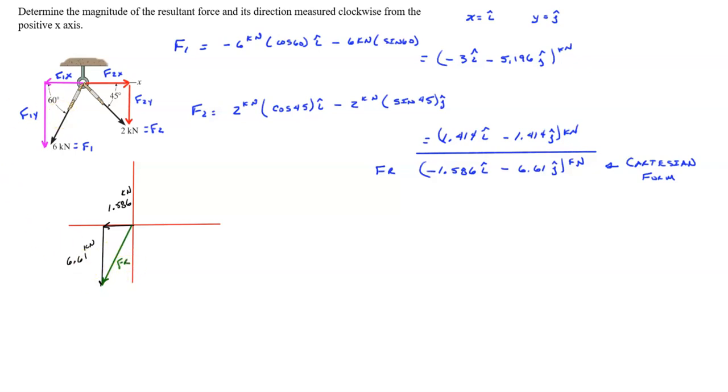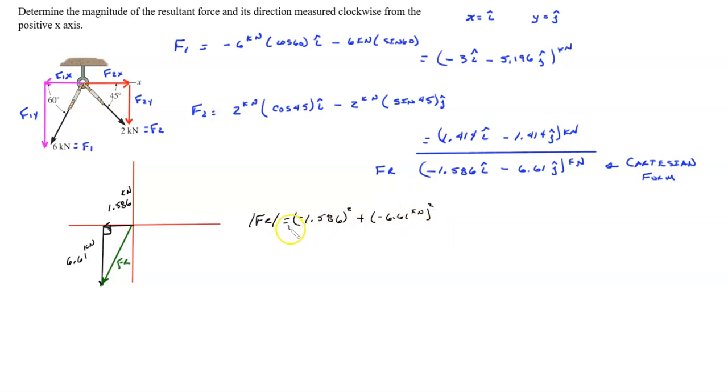When we draw these, we add these vectors up. This would be a 90 degree angle, of course, so we can use the Pythagorean theorem to get the magnitude of the force resultant, which is going to be the square root of negative 1.586 squared, and the negative will cancel out because we're squaring it, plus negative 6.61 kilonewtons squared.